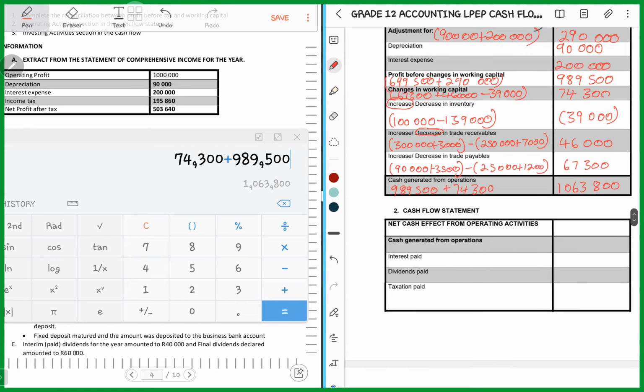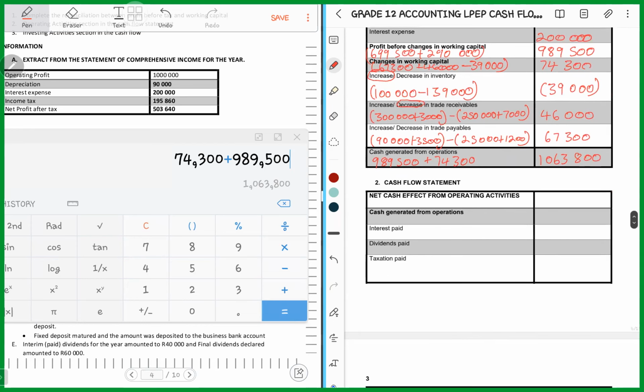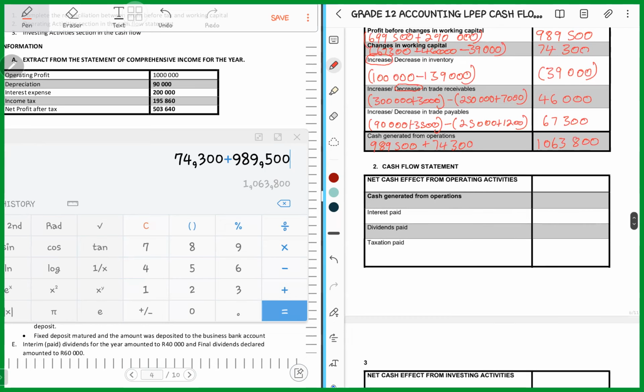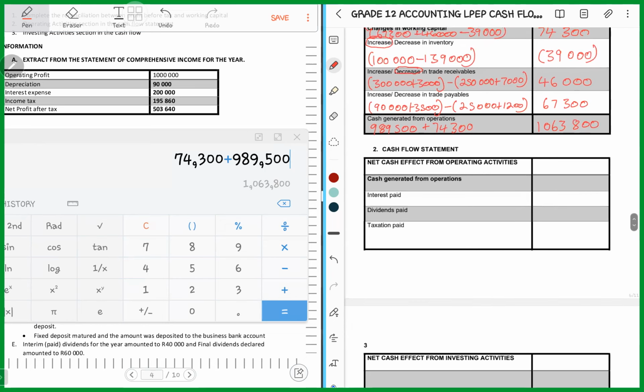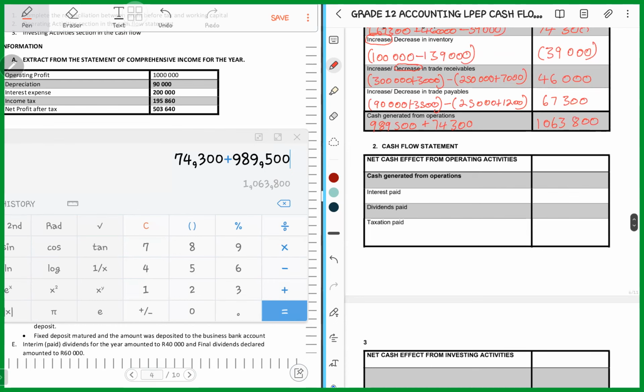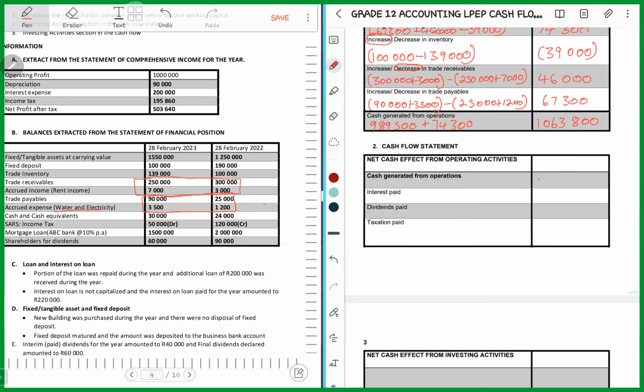Then now we have to prepare the cash flow from operating activities. So remember, the cash generated from operations, we have determined it. It's 1,063,800. Then we have to record the interest paid. Remember, earlier on, we adjusted the interest expense.